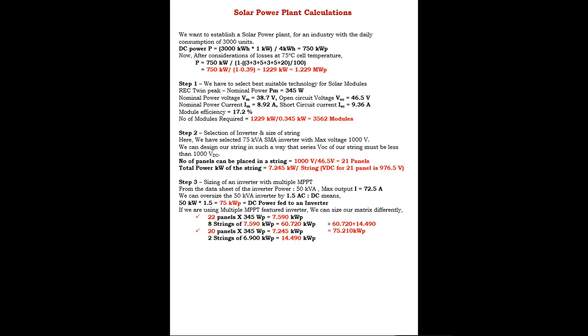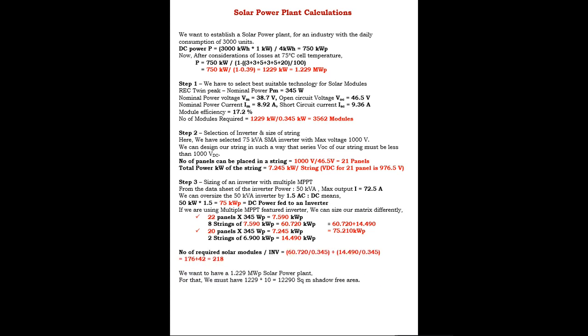So I will multiply 8 with 7.590, I will get 60.720. That is to be added with another 20 panels of 345 watt peak, which gives 7.245, and such 2 strings are there. So we will get the same peak power, and then we will add the same thing.